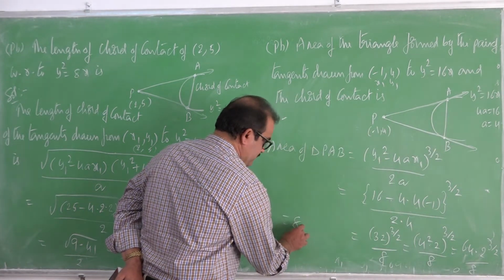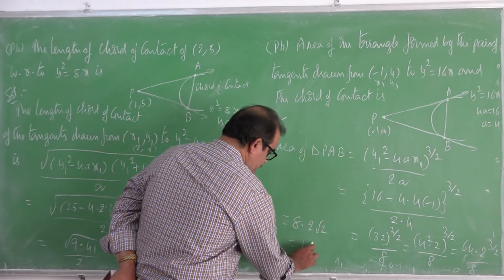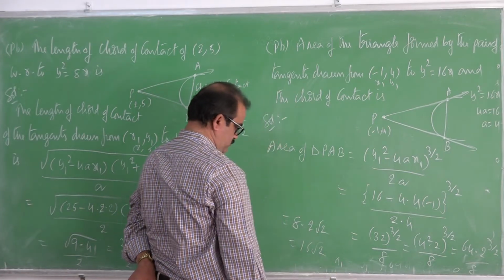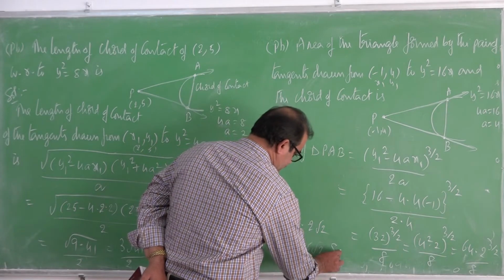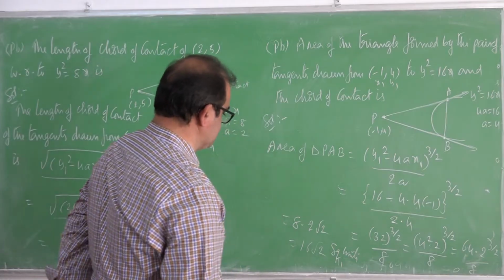That is 8 into 2 power 3/2. That is taken as 2 root 2. That is equal to 16 root 2. Here area is represented in square units. 16 root 2 square units.